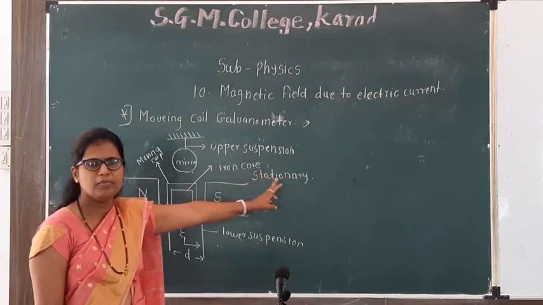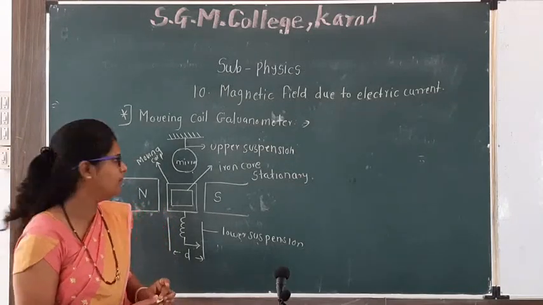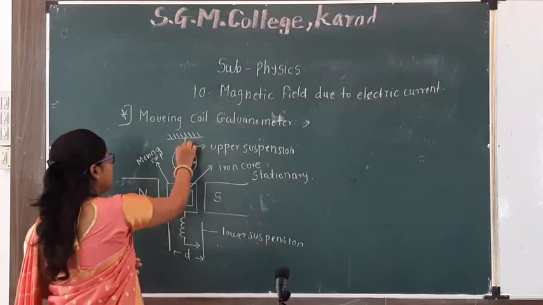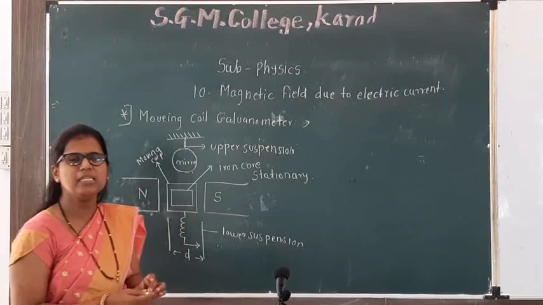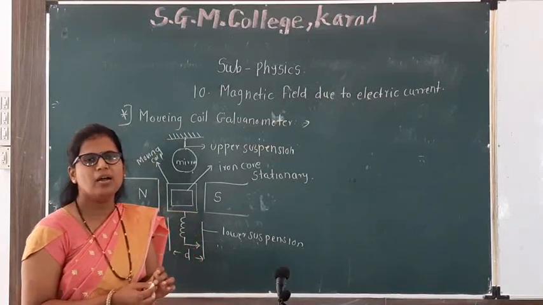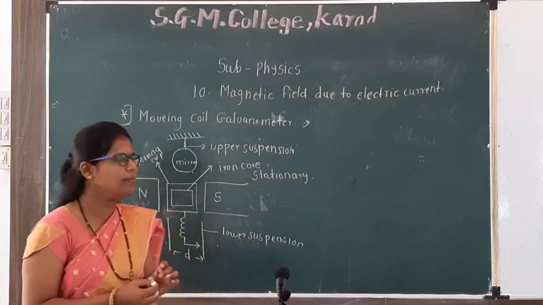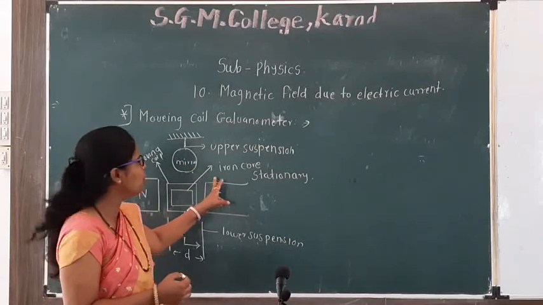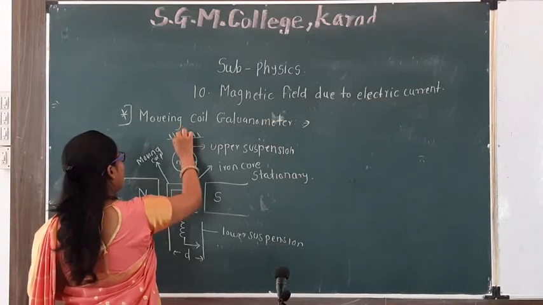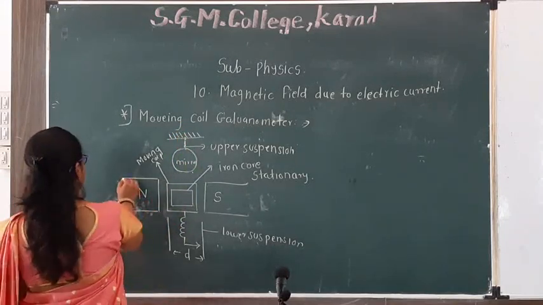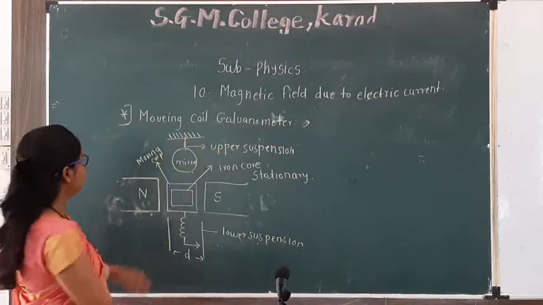This torque is exerted by the magnetic field due to the current carrying coil. Now see here, this is the block diagram of the moving coil galvanometer. Now the construction of the moving coil galvanometer.